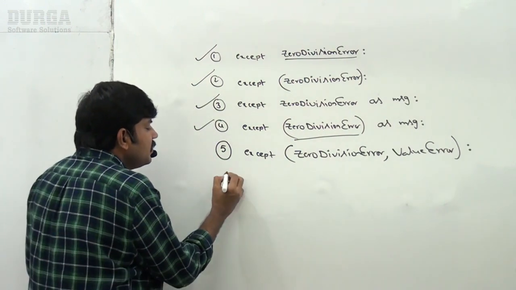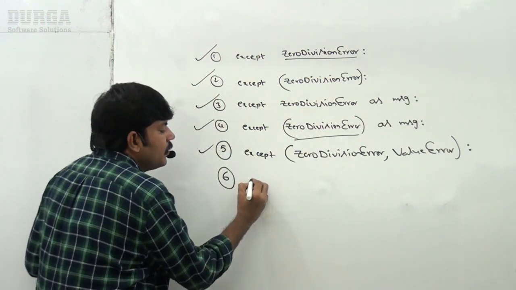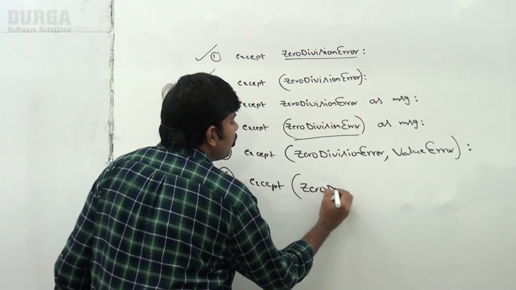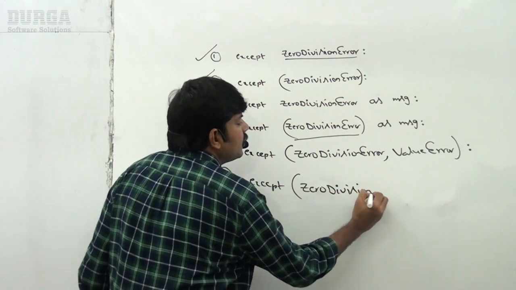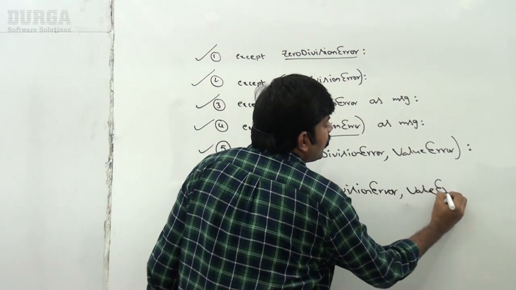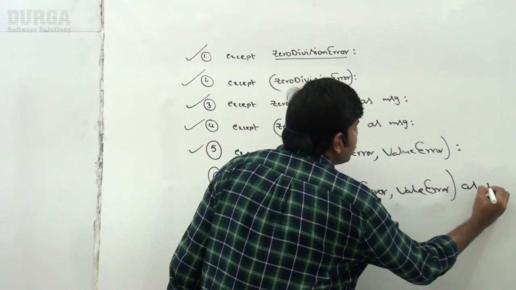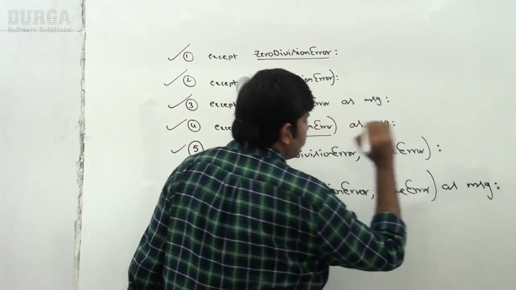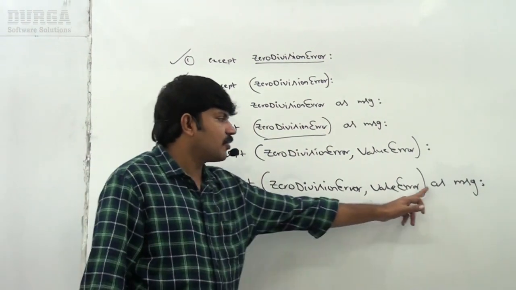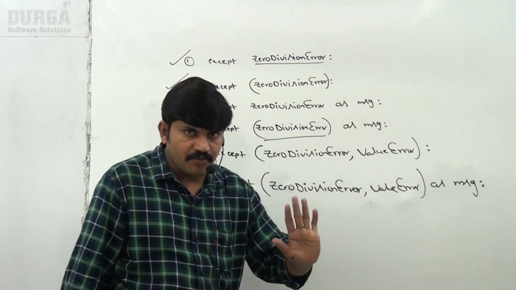Now, except (ZeroDivisionError, ValueError) as message, like this I'm taking. Sir, if I want to access the exception information also, then automatically we have to take as message.